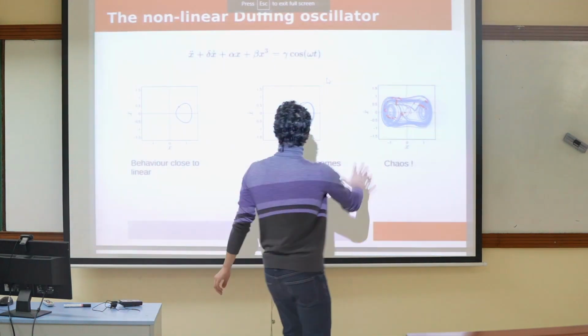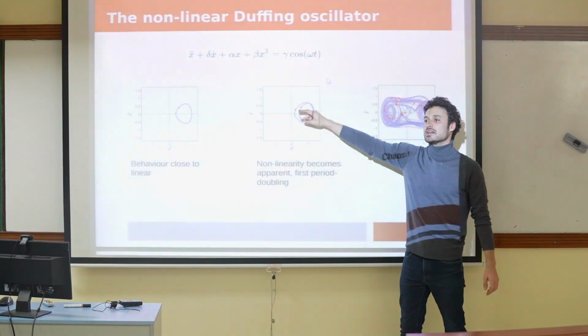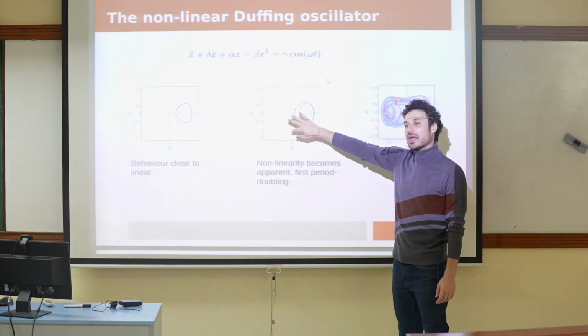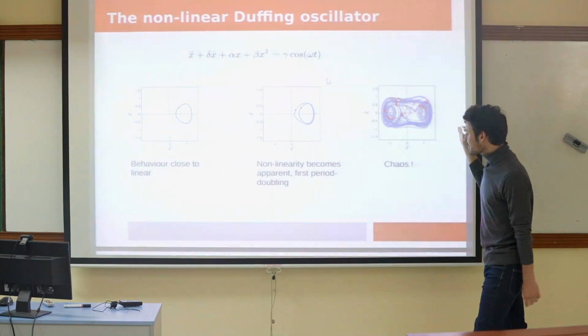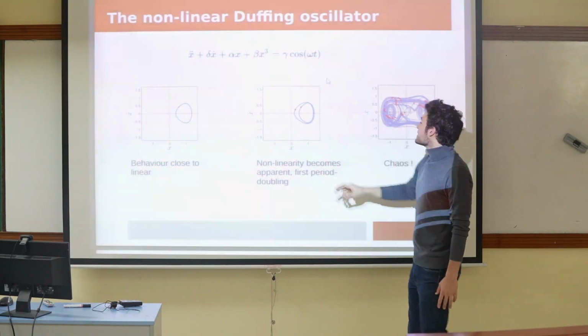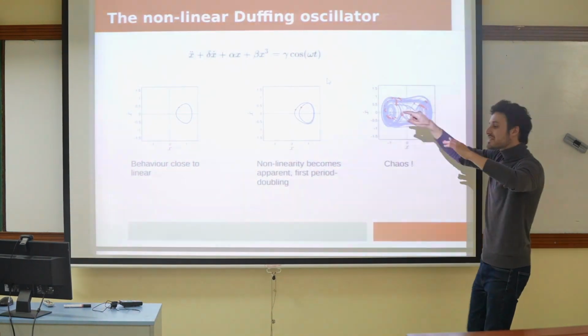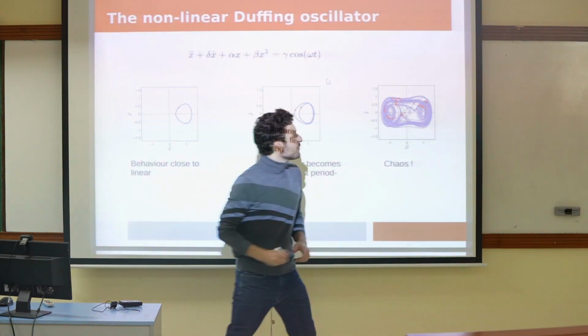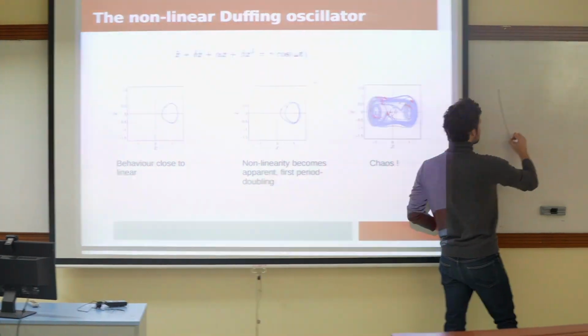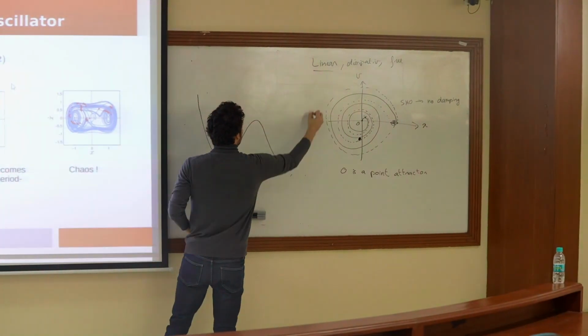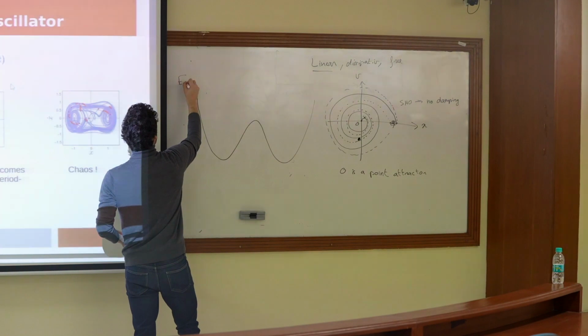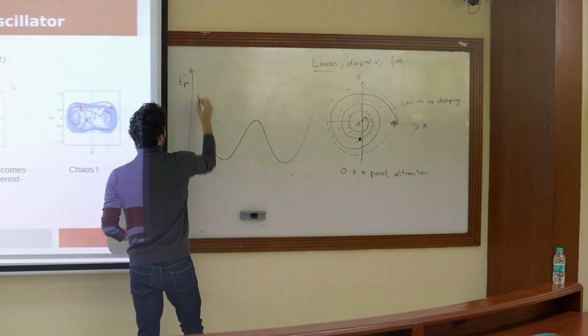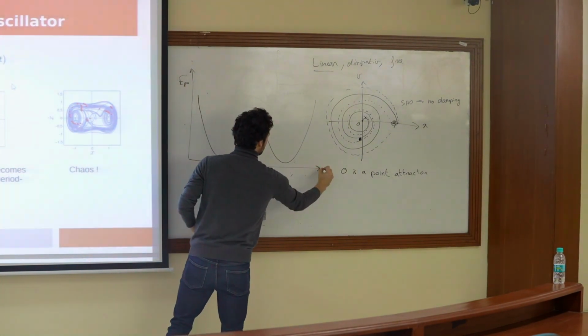Okay. So that thing is still not chaotic, right? It no longer has a very simple behavior, but still not chaotic. But at some point your system starts exploring the part of the potential that looks like this. Remember, this is the potential energy of your oscillator as a function of displacement.